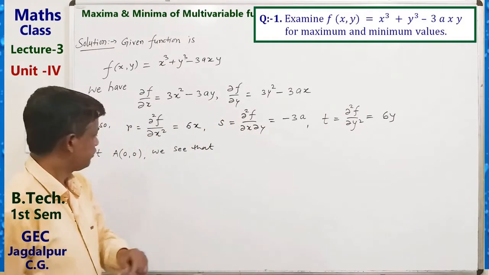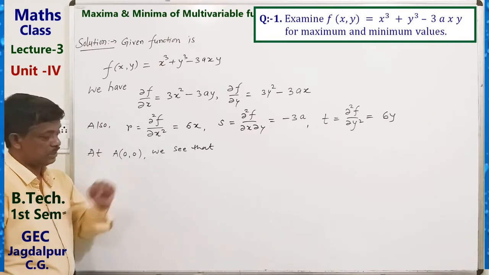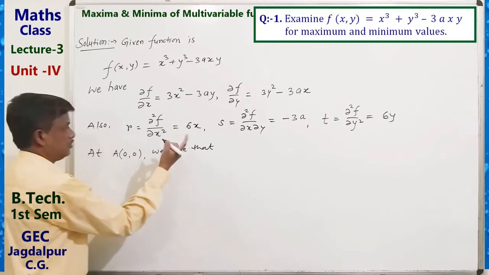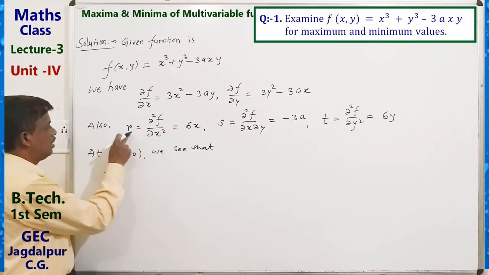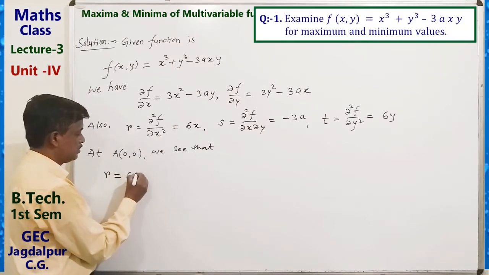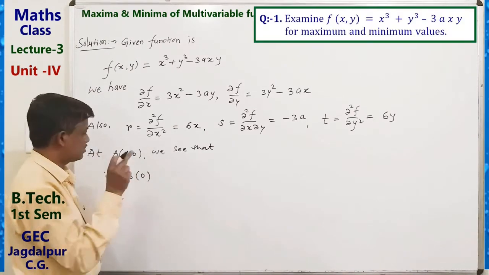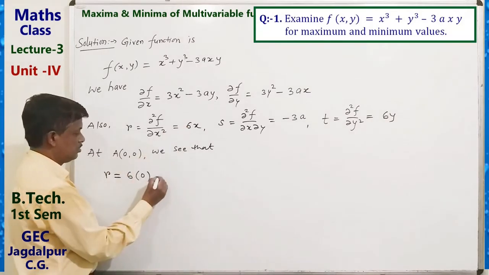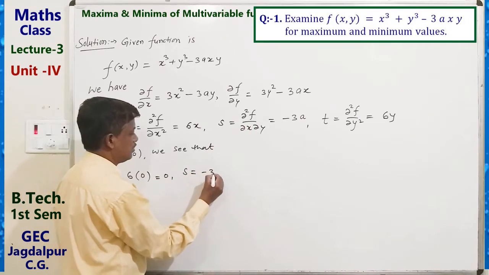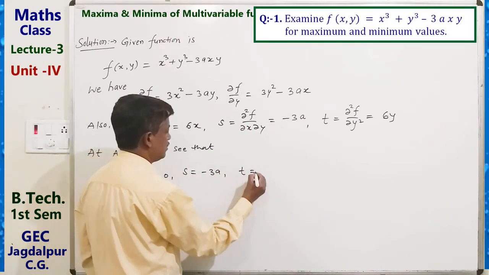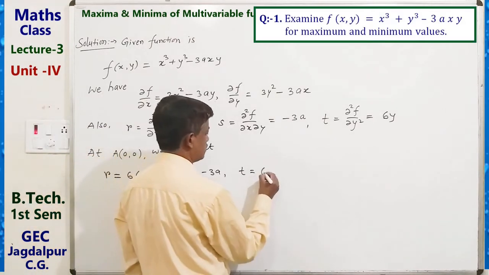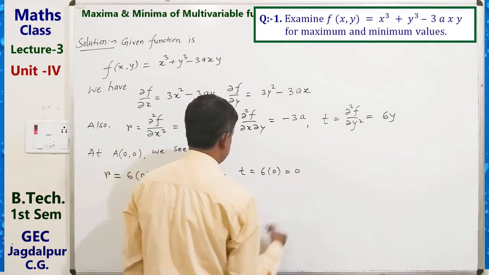Here at A, 0, 0, we see that r equals 6x, that is 6 into 0, which is 0. s equals minus 3a, where a is a positive constant, suppose. t equals 6 into 0 equals 0.